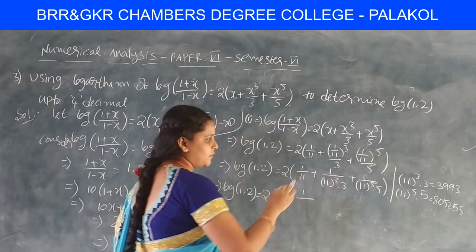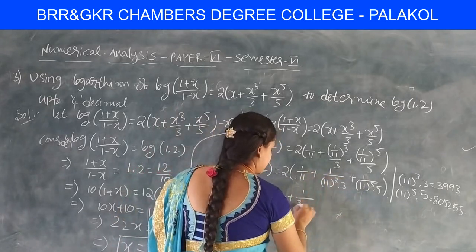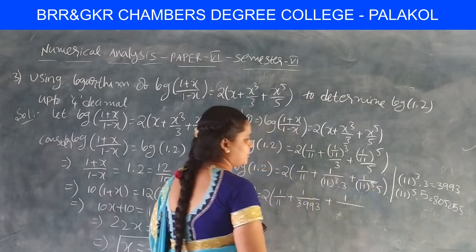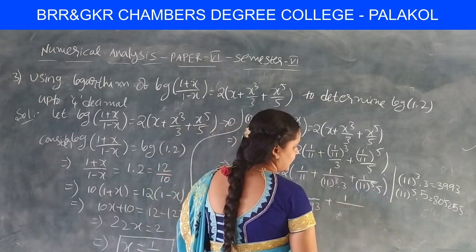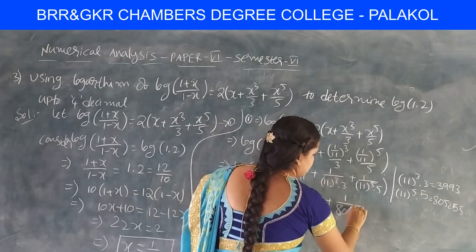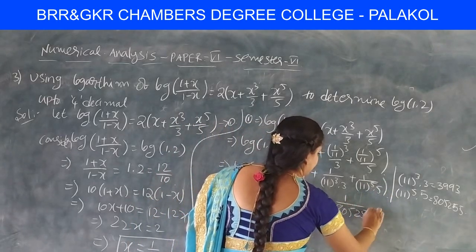Substitute these values. Log 1.2 is equal to 2 into 1 by 11 plus 1 by (11 cube into 3), which is 3993, plus 1 by (11 to the power of 5 into 5), which is 805255.